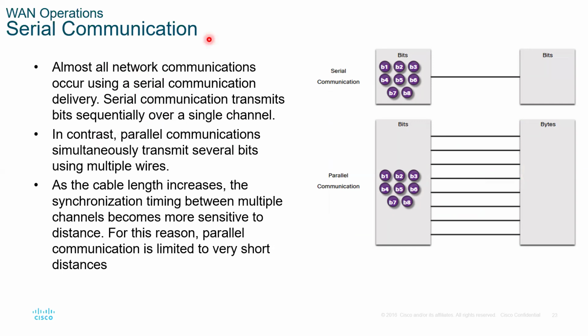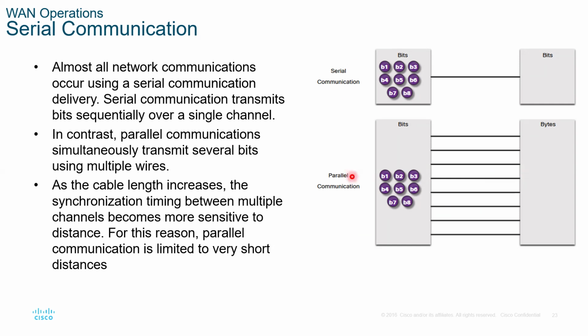So with serial communication, one wire; parallel, we have multiple wires. Evidently, parallel offers a higher data rate, more information transmitted per unit second because of those multiple lines. However, only for short distances.